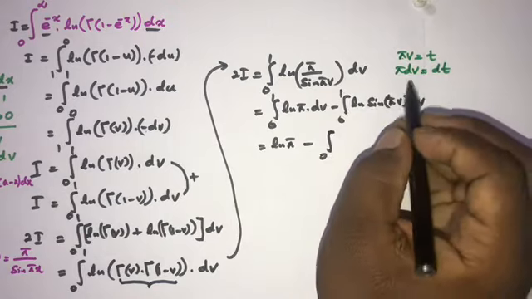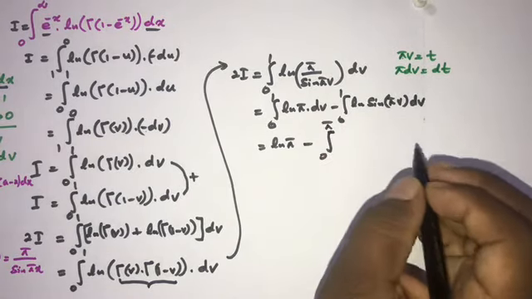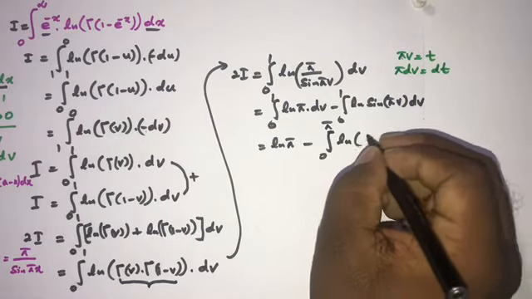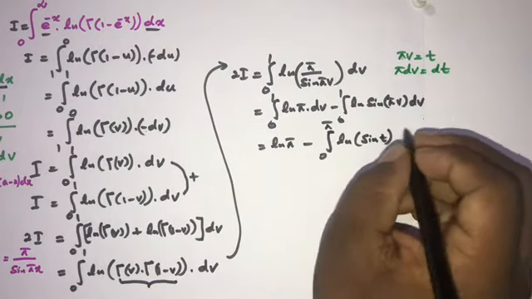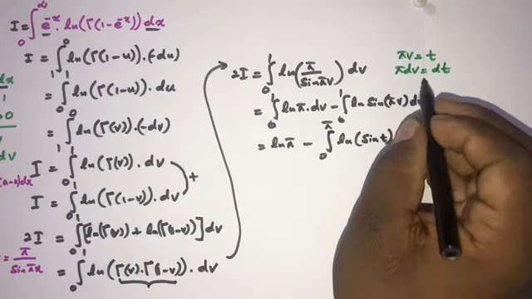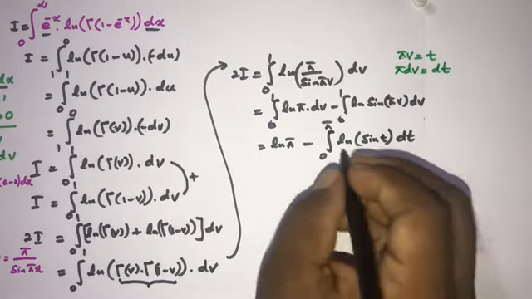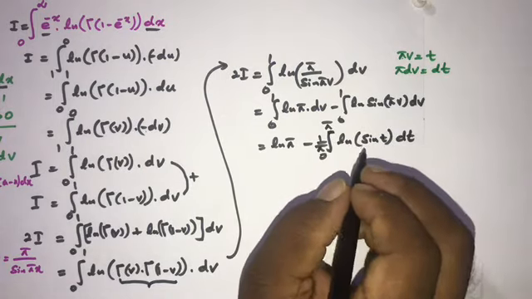Upper limit v approaches 1, so t approaches pi. So 0 to pi natural log of sine of pi v is equal to t, and dv is equal to dt over pi. Pi we know is a constant, so 1 over pi.